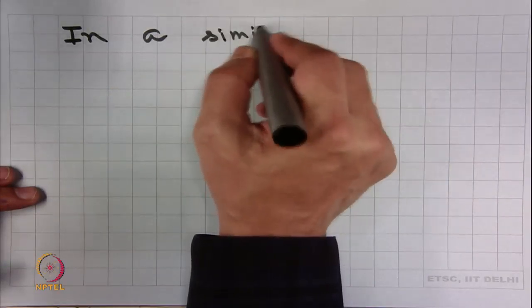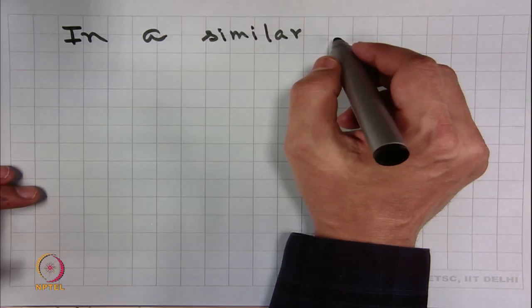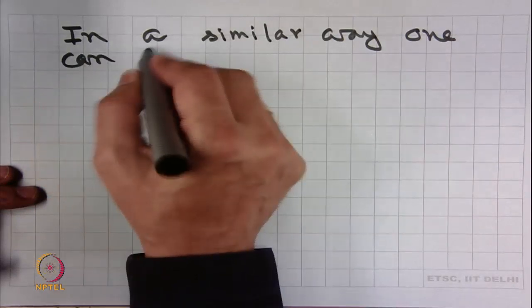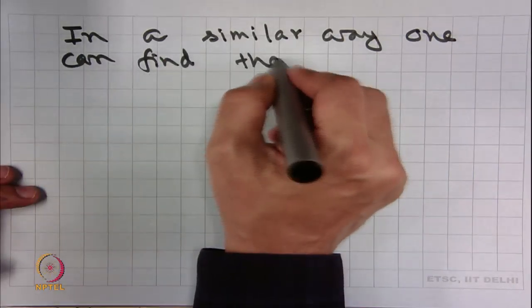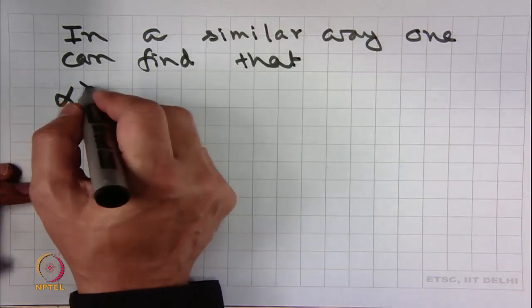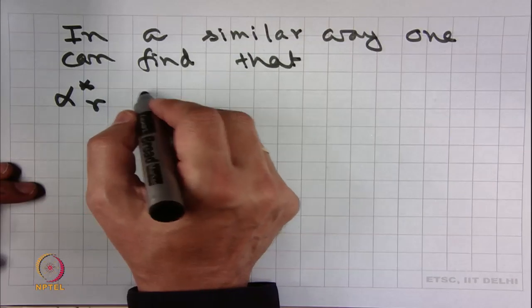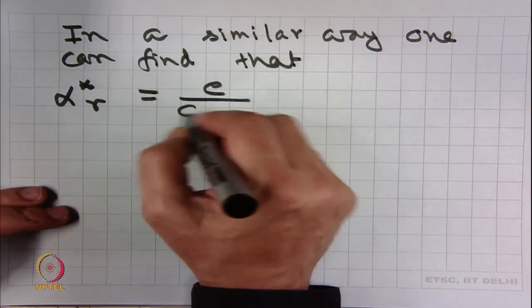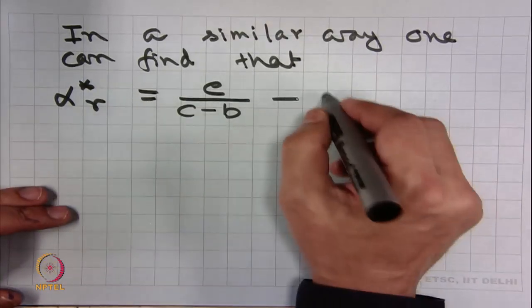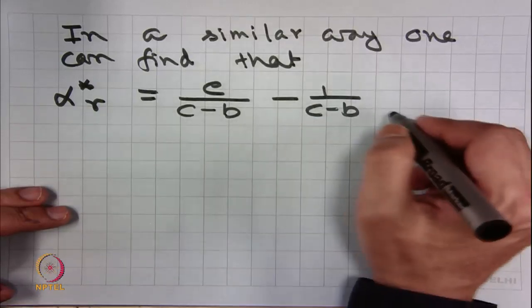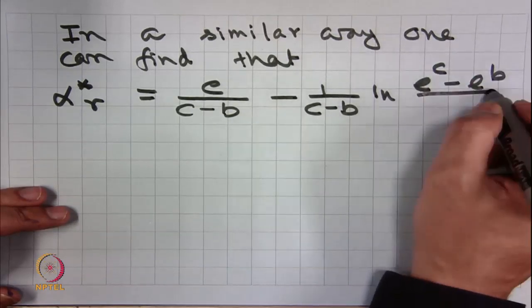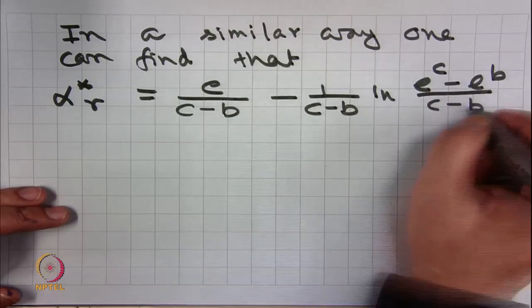In a similar way, one can find that alpha star R is equal to c upon c minus b minus 1 upon c minus b into log of e to the power c minus e to the power b upon c minus b.